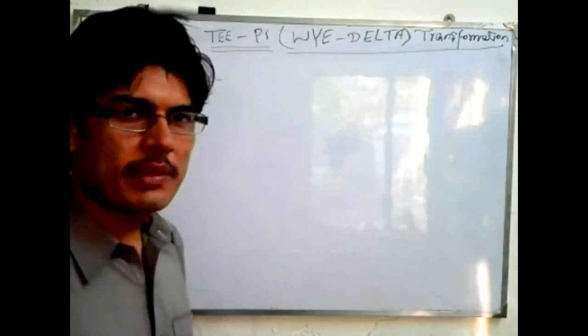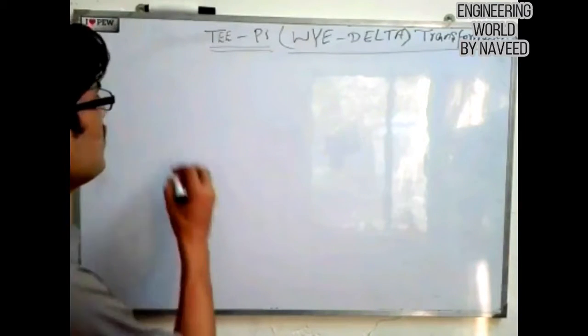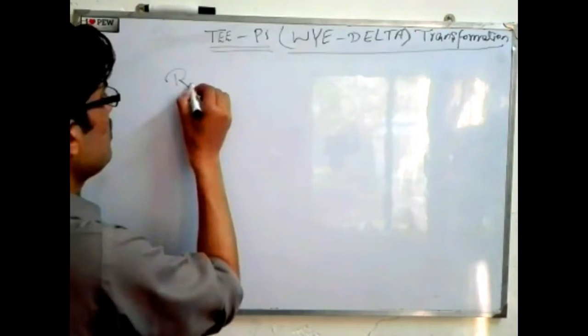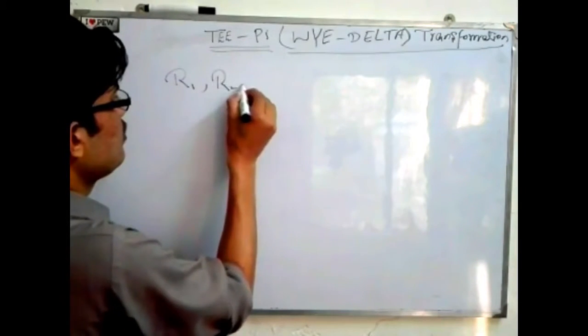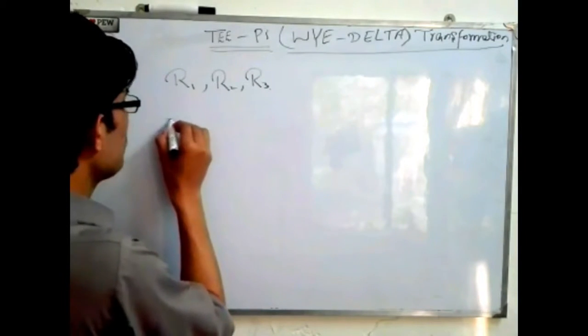Let's explain what is meant by T pi or Y delta. Let we have three resistors R1, R2 and R3, and let we have a network.